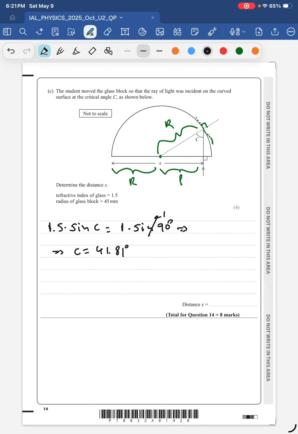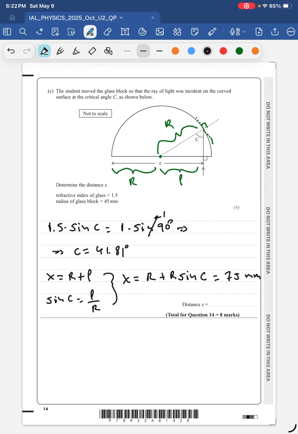And then we see immediately that x is r plus L, but the sine of the critical angle is equal to L over r. If we combine these two, we find that x is r plus r sine of C. And if we do the calculations, we find 75 millimeters exactly.